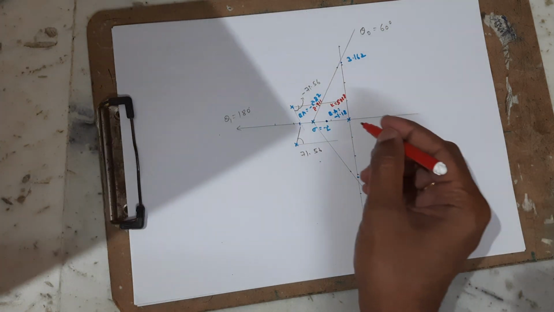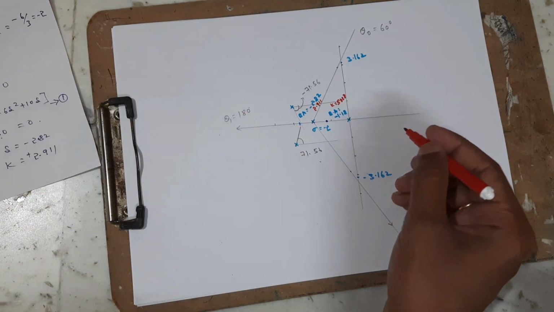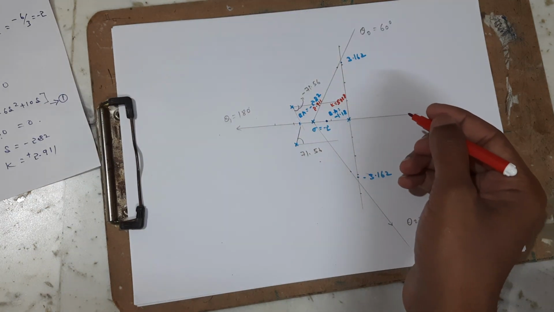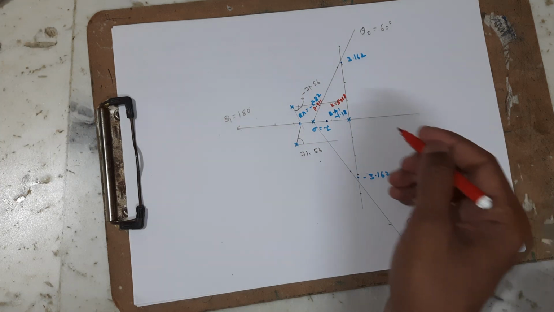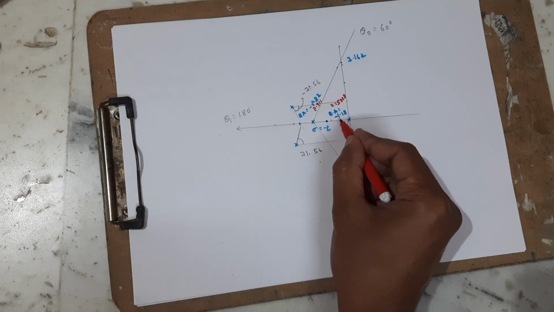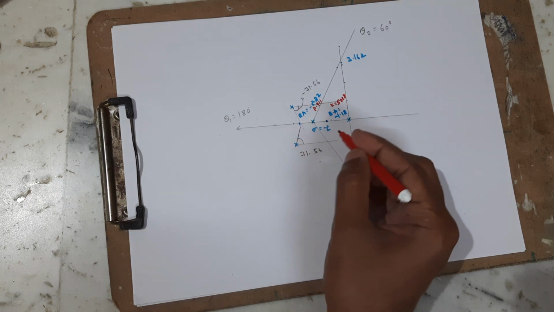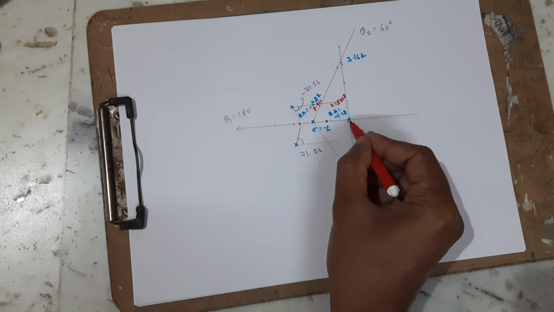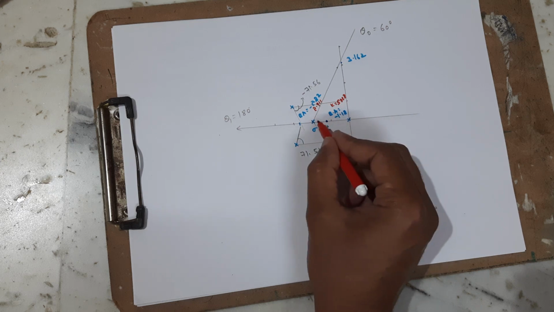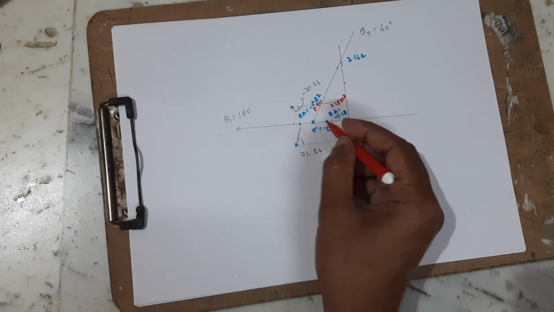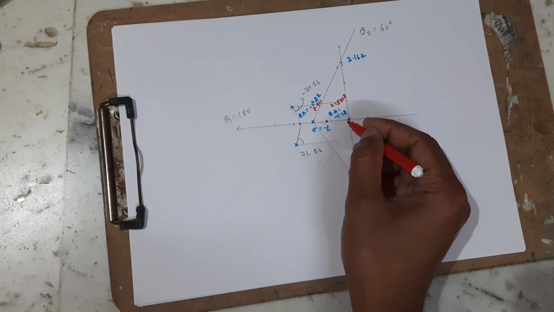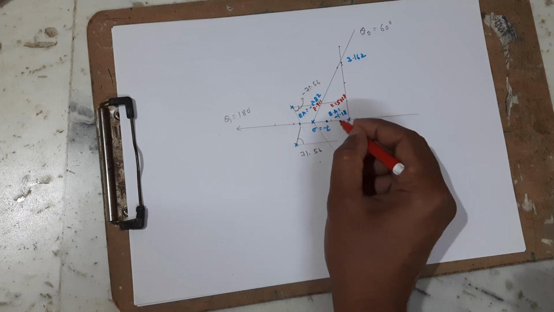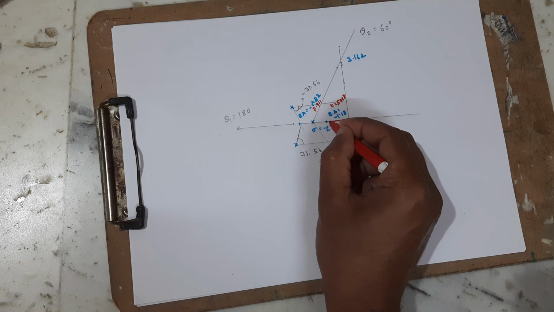Okay, as we know, the branches are going to start from the poles and end at the zeros. So here we have one breakaway point, minus 1.18. In between there are two poles. So one of the branches is going to start from here.